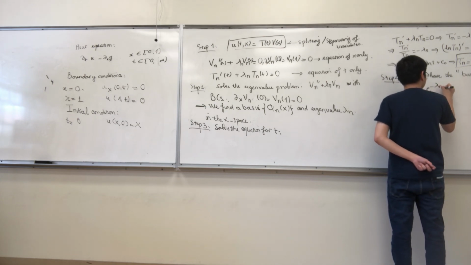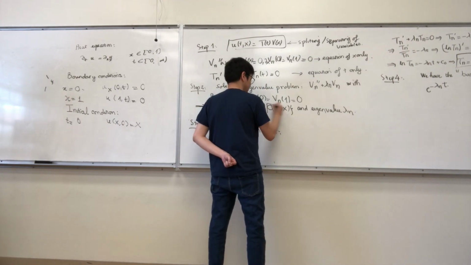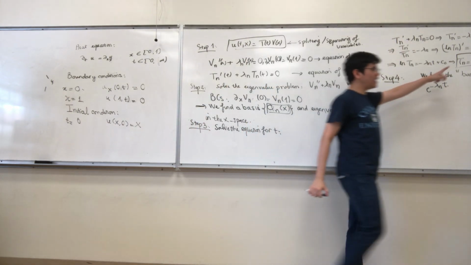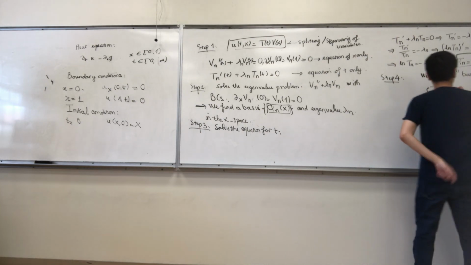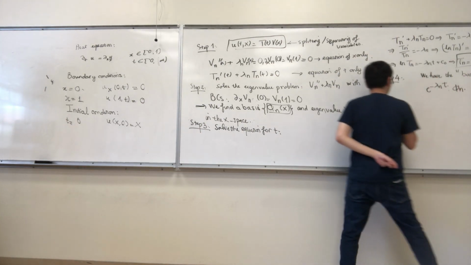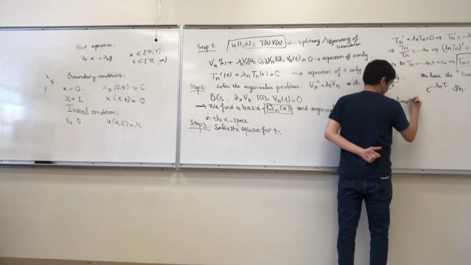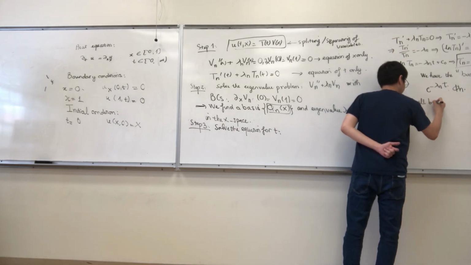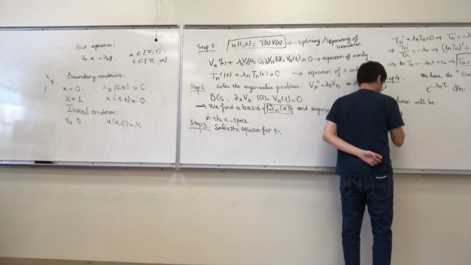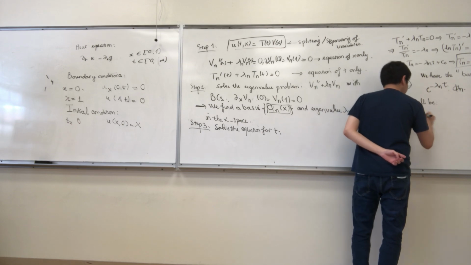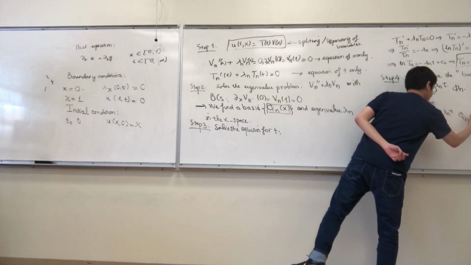e to the power minus lambda n t times Vn. So you multiply e to the power minus lambda n t with Vn. So the solution u(t,x) is the sum of Cn e to the power minus lambda n t Vn(x).